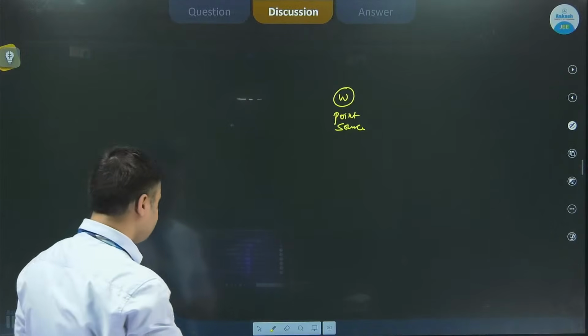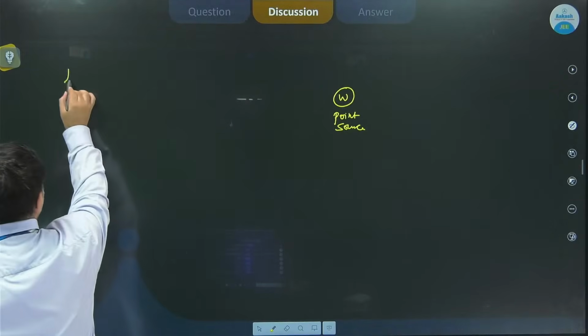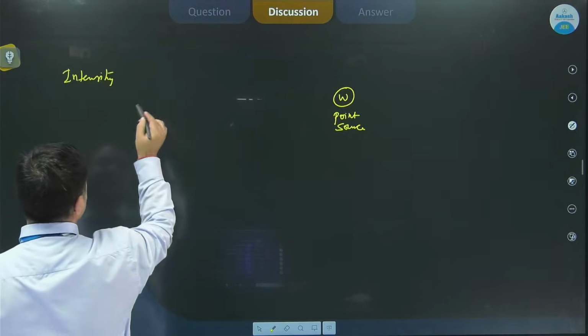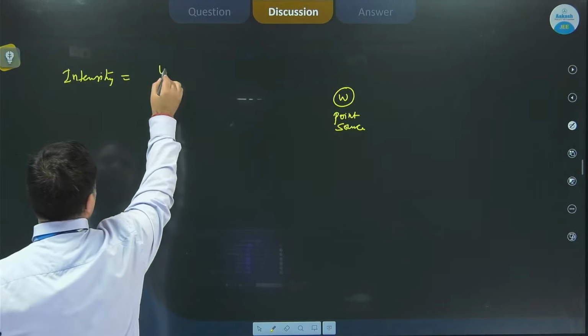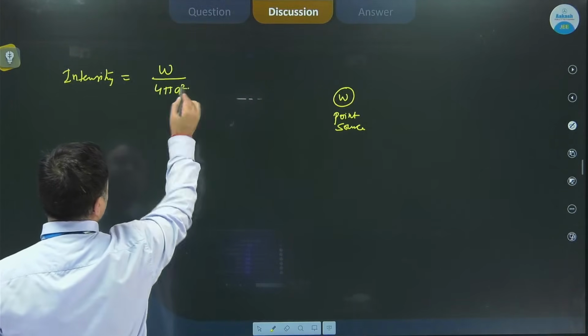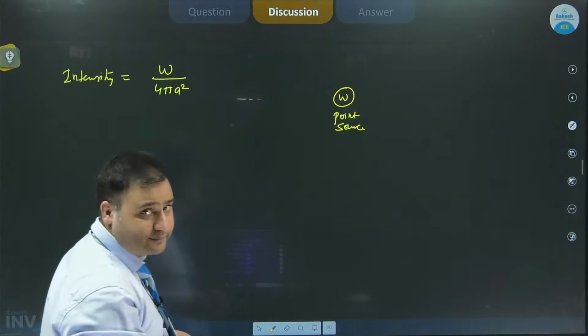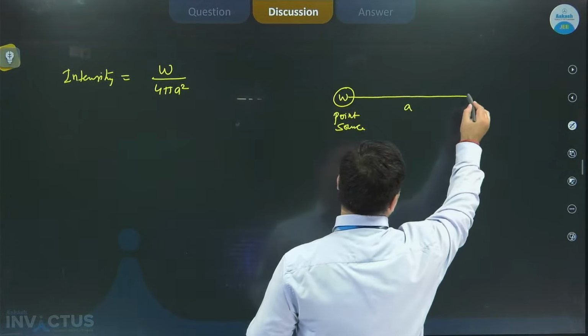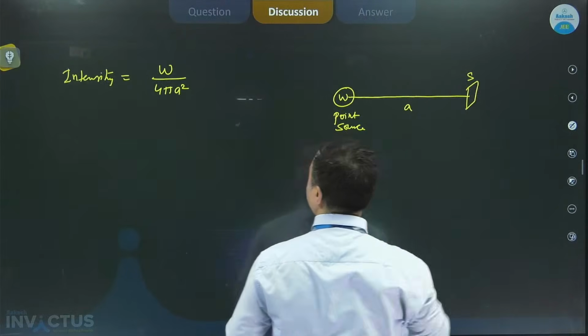Now, we know that intensity due to a point source at a distance a is given by power of the source divided by 4 pi a square, as it emits a spherical wave front. So at a distance a, there is a surface S given to us.